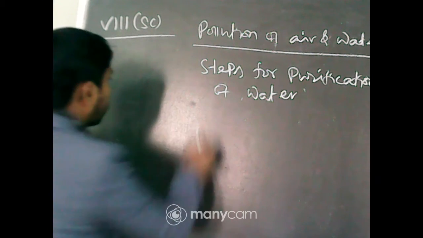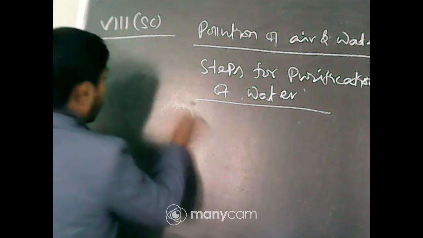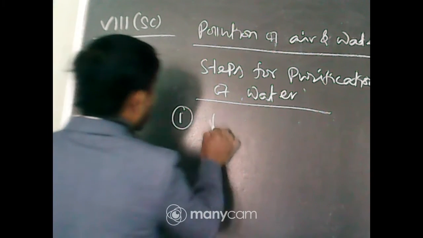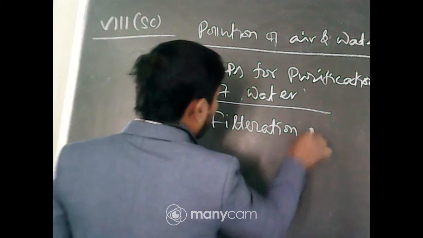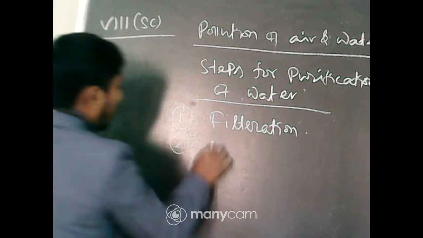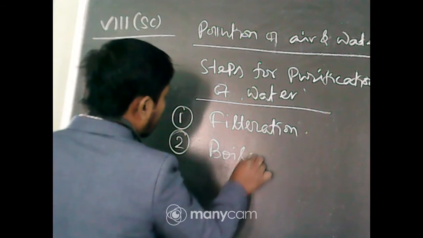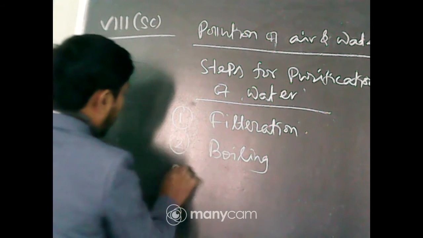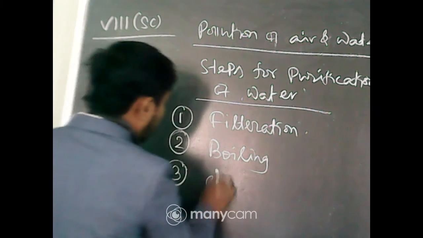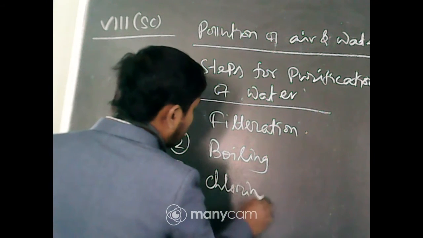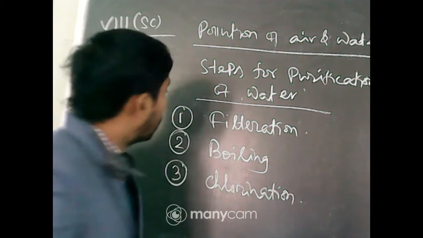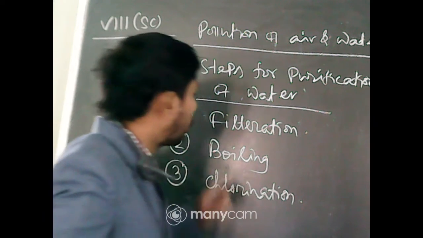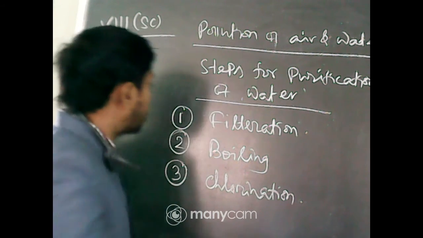Number one, filtration. Number two is boiling, and number three, that is chlorination. Okay. So, filtration, boiling and chlorination, these are the three steps.